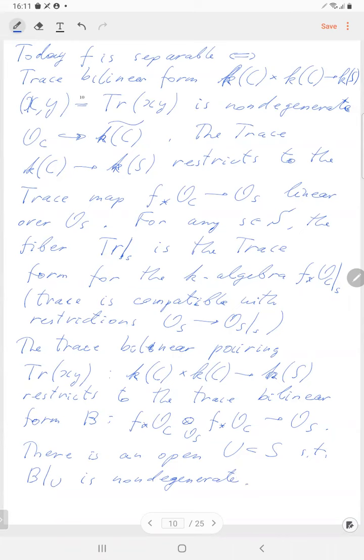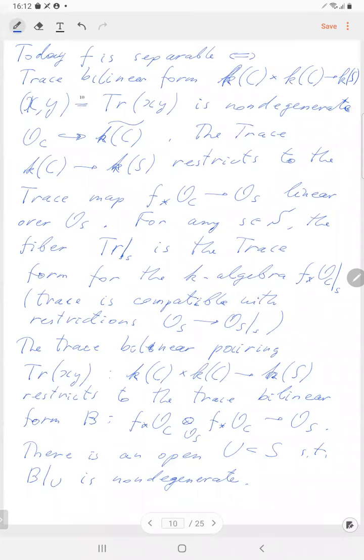Maybe if you have heard some basic notions of arithmetic, like discriminant of field extensions, yeah. So you choose some basis, and then you write down the trace bilinear form in terms of this basis. So you obtain some symmetric non-degenerate matrix, and its determinant is called discriminant, a non-zero number.